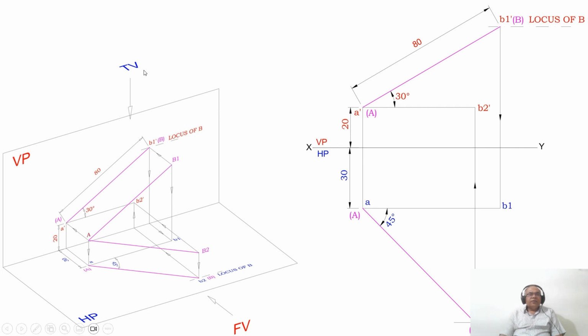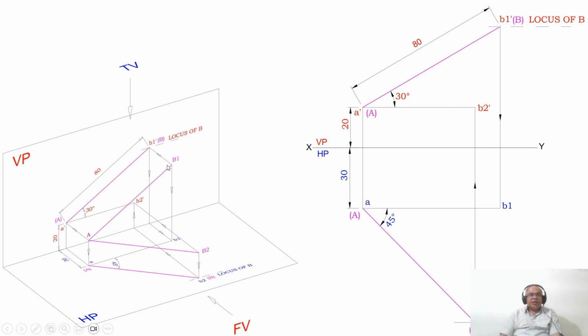Correct? So when you project the top view point, small a and B1, this A is already fixed because it is given in the problem. But we have not been able to get the point B1 because we have not been able to get the top view point. So we have to get the top view point of the point B1. Where are you going to get it?